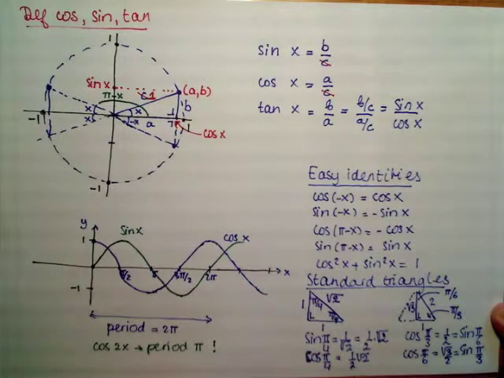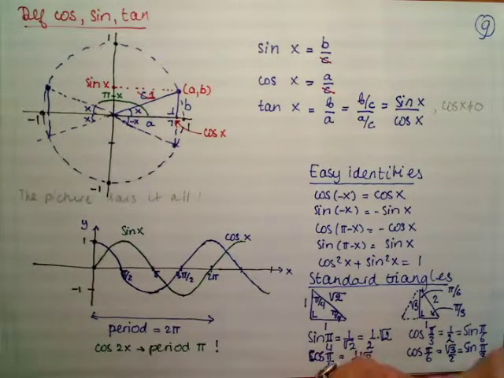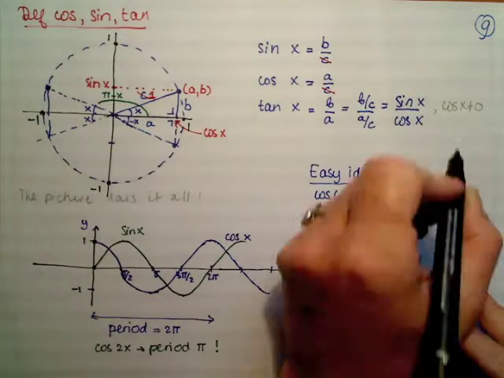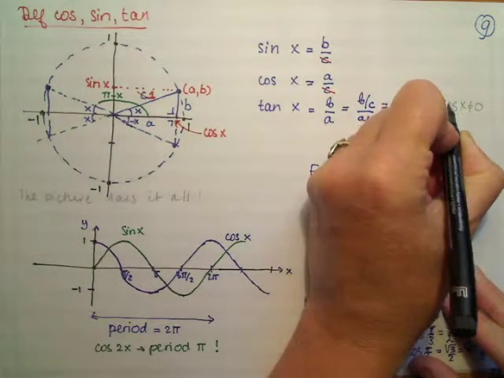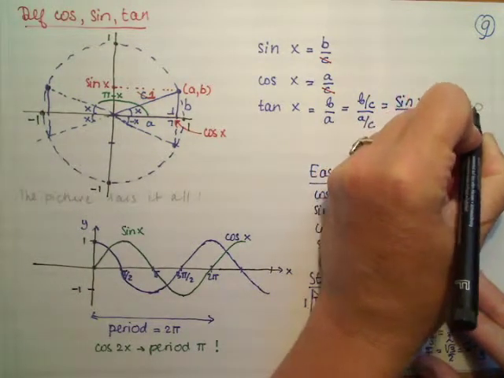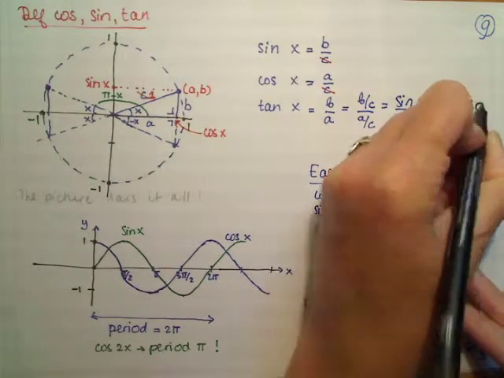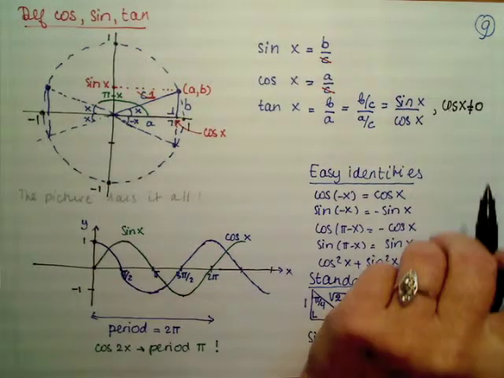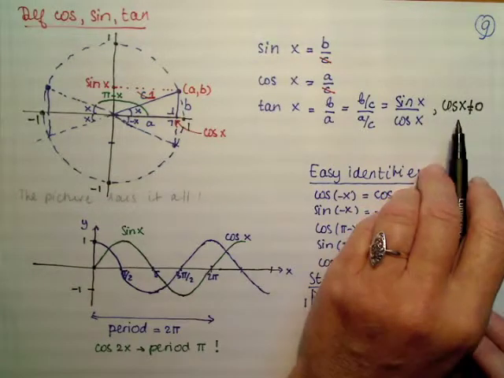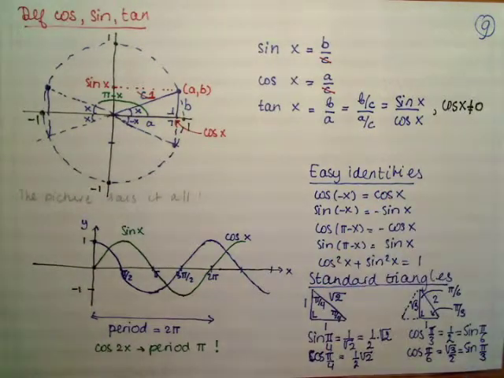Now this you really have to remember. Yes, and one final remark over here as well. Of course we cannot divide by 0, so the tangent only exists for angles x for which the cosine is not equal to 0.